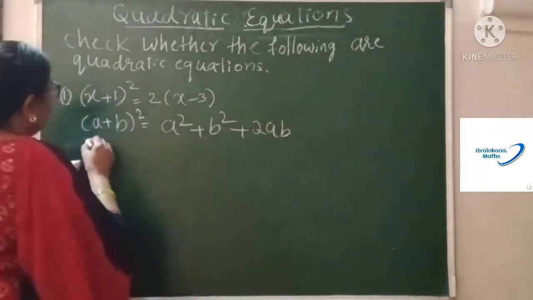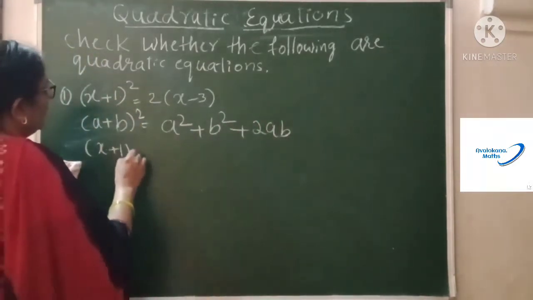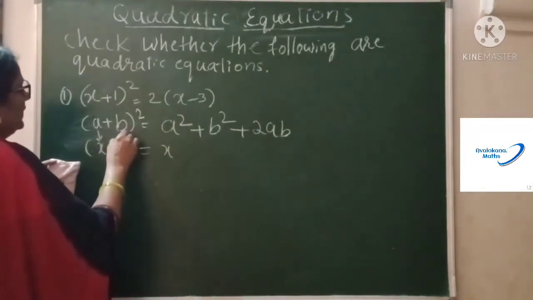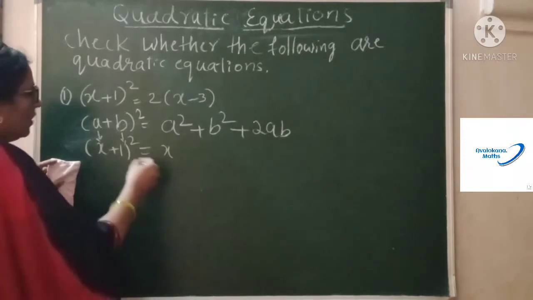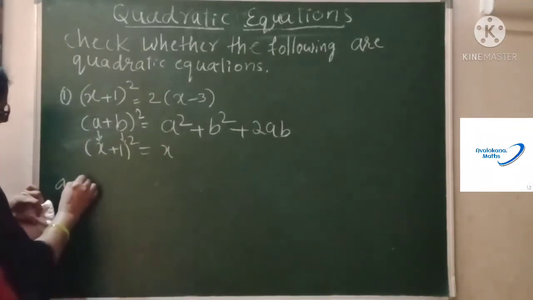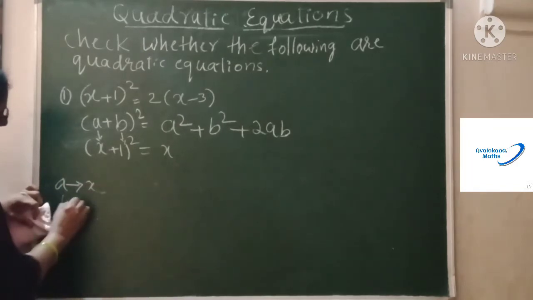Now (x + 1) square is in this form: in place of a you have x, in place of b you have 1. So for your convenience, a is x here, b is 1.